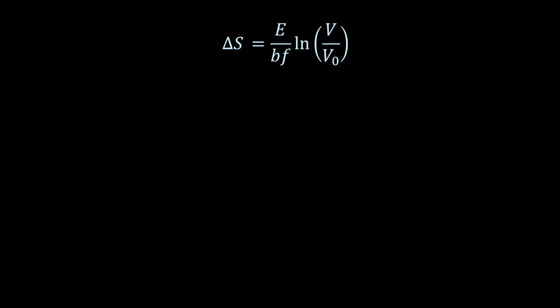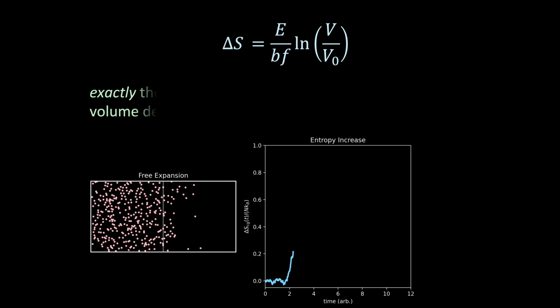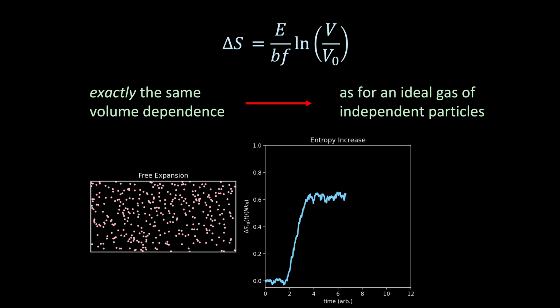Notice that the entropy change depends on the volume only through a logarithm of the ratio V over V0. That dependence is not generic, it's highly distinctive. In fact, it's exactly the same volume dependence that one finds for an ideal gas of independent particles.